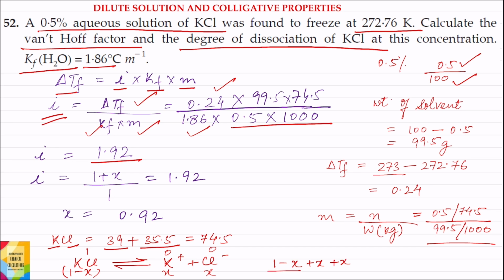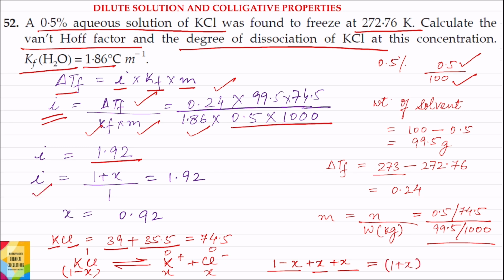This 1 minus x is the moles of remaining KCl or undissociated KCl. x is the moles of potassium ions and again x is the moles of chloride ions. x moles of KCl dissociates to form x moles of potassium ions and x moles of chloride ions. So total number of solute particles हो जाएगा 1 plus x.